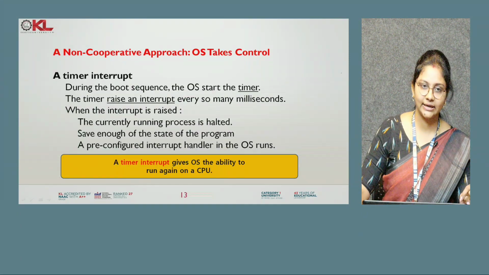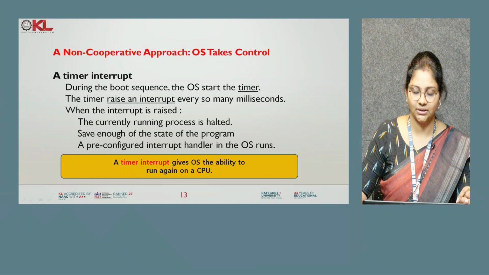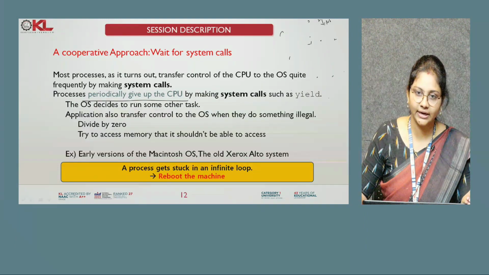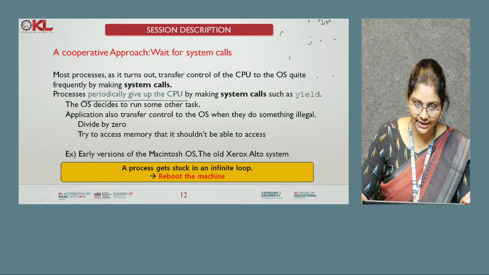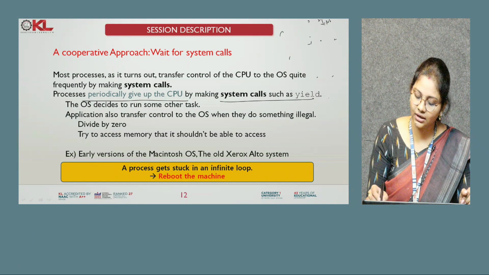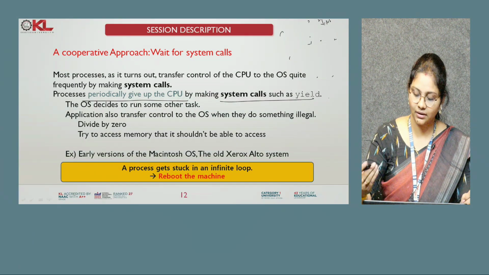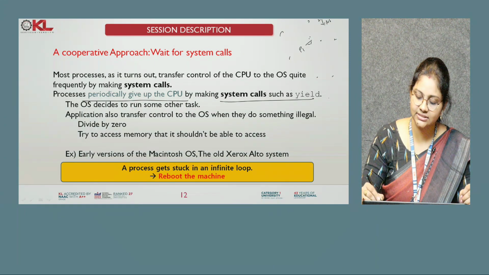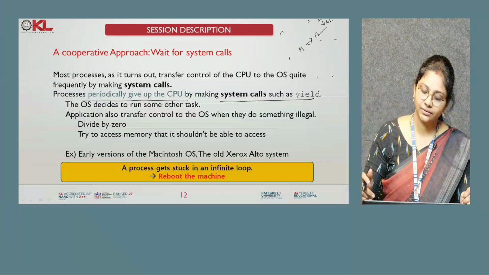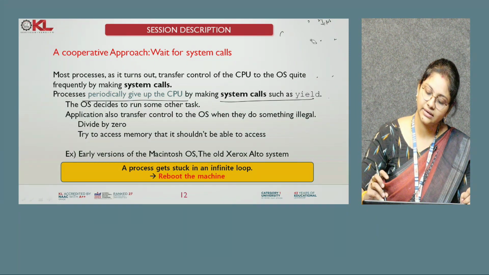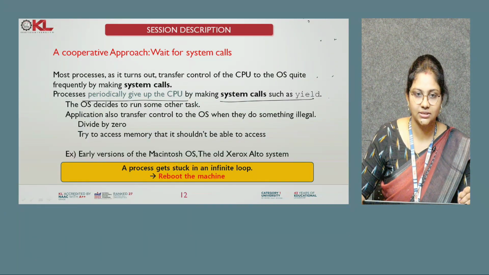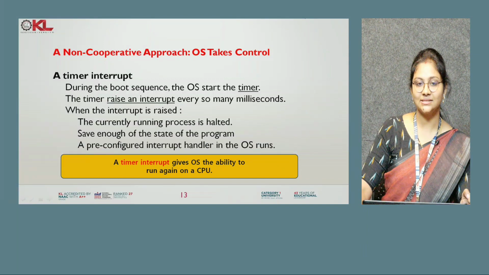And the non-cooperative approach is the timer interrupt. In the cooperative approach, the yield system call is there. With this yield system call, the process will give a chance to the second one, right? So it is a cooperative approach. That means the process is cooperating with the CPU. And the second one is the timer interrupt.